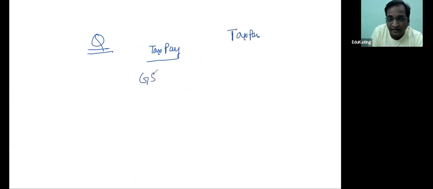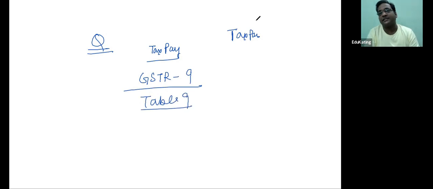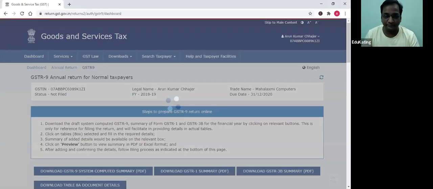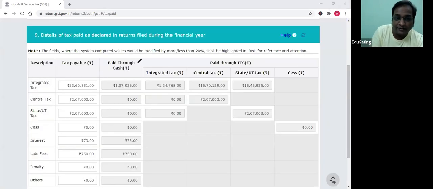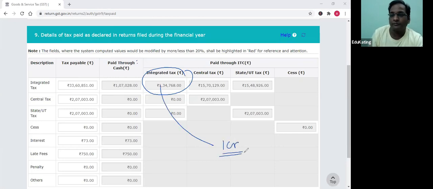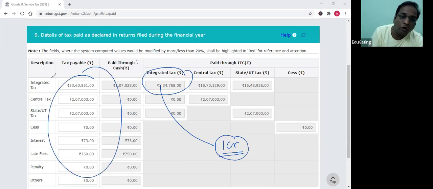So if you see GSTR 9 table 9, I'm talking about this table, you will find in this field rupees 1 crore. Because you have paid the amount through ITC, you will find this 1 crore, and the auto-populated amount would also be all transactions including 1 crore.